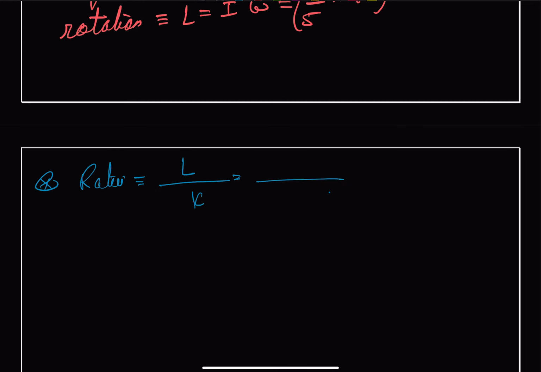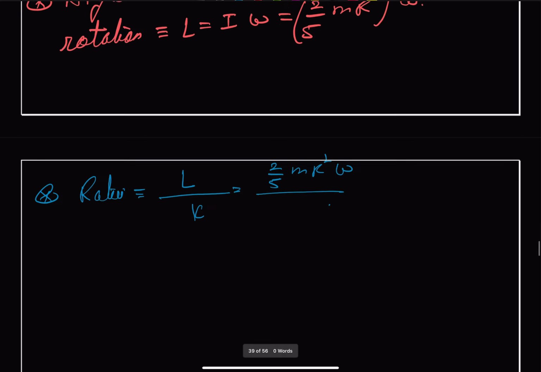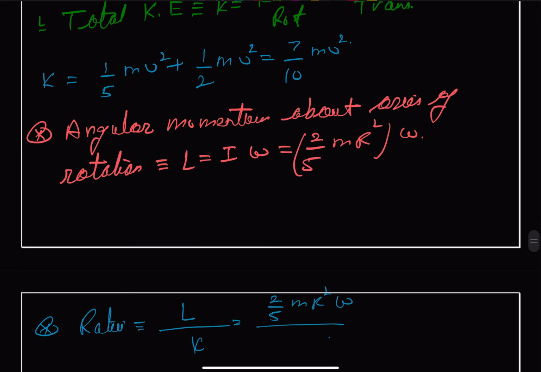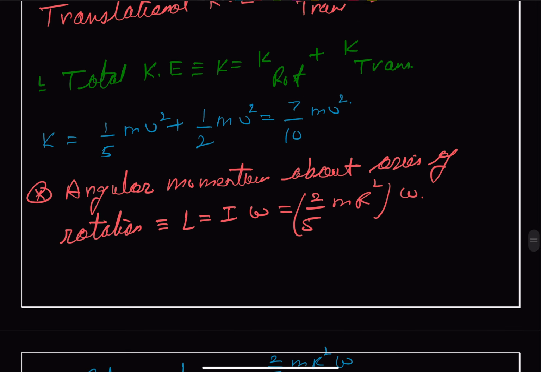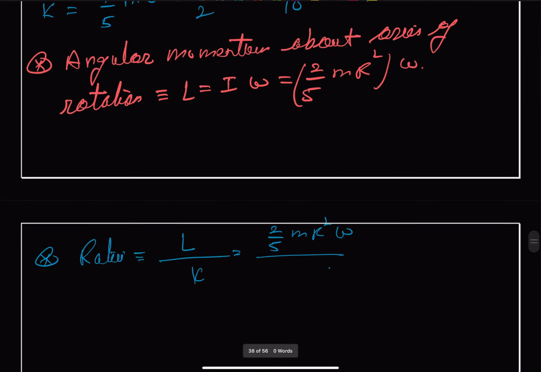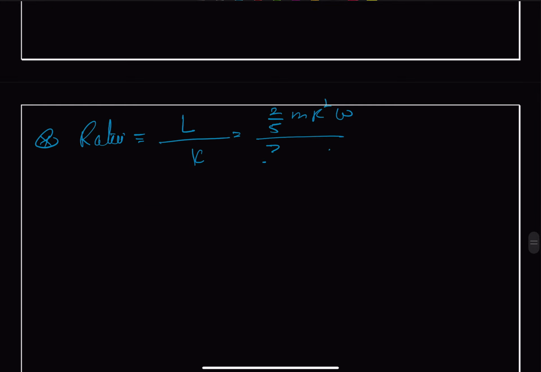So we can write this as 2 by 5, and we have this as mr square multiplied by omega, and this will be equal to, v is equal to omega r, so this will be equal to 7 by 10. V is omega r, so this is r square and omega square. So this comes as 7 by 10 mr square omega square.